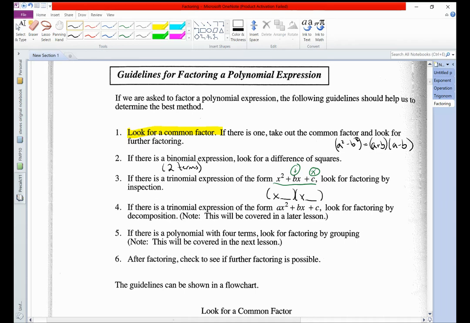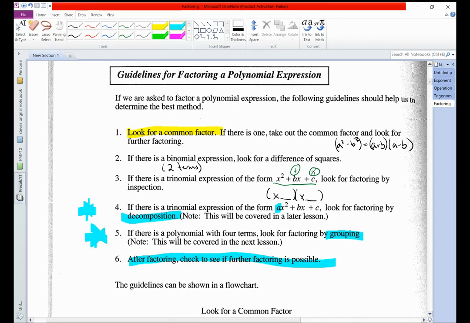If there's a trinomial in the form of ax squared plus bx plus c, you can see there if we have a constant in front of the x squared that we can't factor out, we are going to be doing decomposition, which we will cover in a later lesson. That's one of the new things that you're going to learn. And if there's a polynomial with 4 terms, we're going to factor by grouping, which is, again, another thing that we're going to learn. And then once you're done factoring, always check to see if you can simplify even further or factor even further.